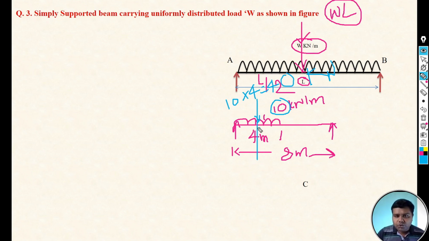The UDL span is 4 meter, so the distance of that point load from one end is 4 divided by 2, that is 2. It means the point load will act at the center. So this is a simple funda to convert UDL into a point load.